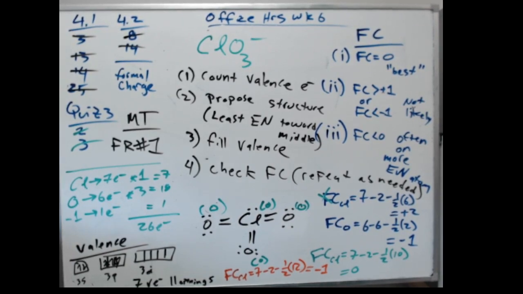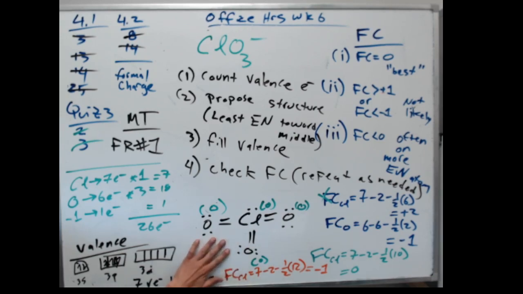If I look at number 3, this is actually a valid Lewis structure. It's probably one of the excited states of the chlorate anion, but it's not going to be the lowest energy, most stable state, because we'd rather have the negative charge on the thing that's more electronegative. We'd rather have it on one of the oxygens.